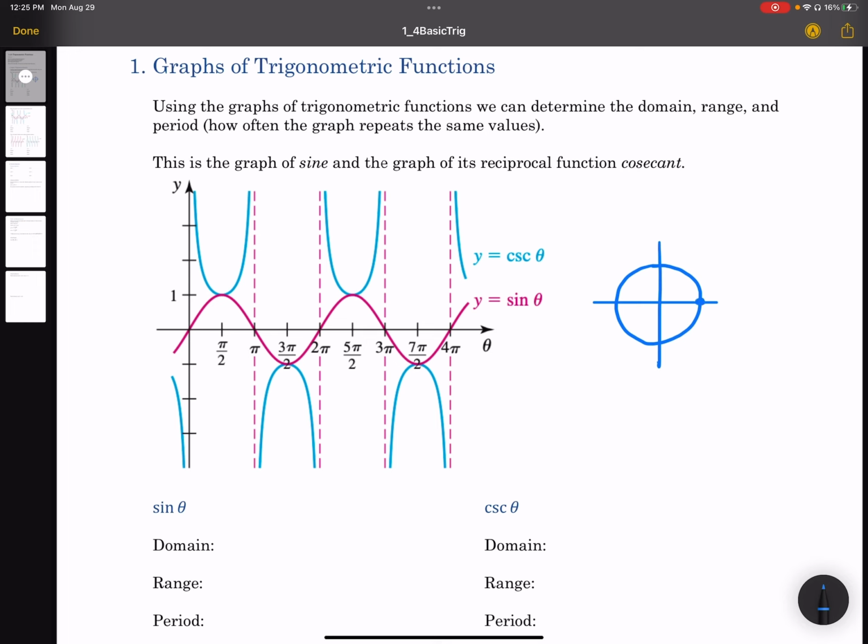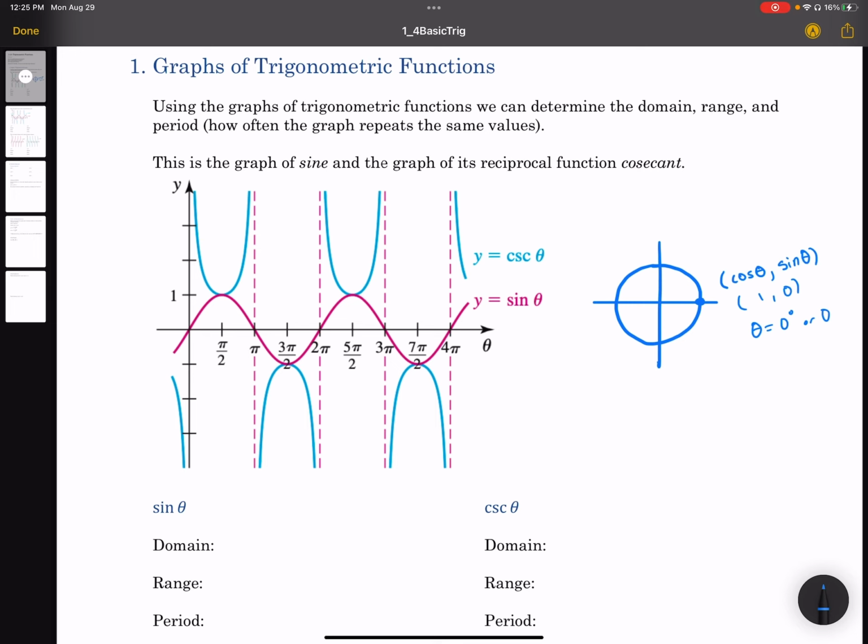So remember on the unit circle, we have a point that is cosine theta and the y coordinate is sine theta. So at this point, 1, 0, that's going to tell us that the sine value is 0. We know our angle theta is equal to 0 degrees or 0 radians.